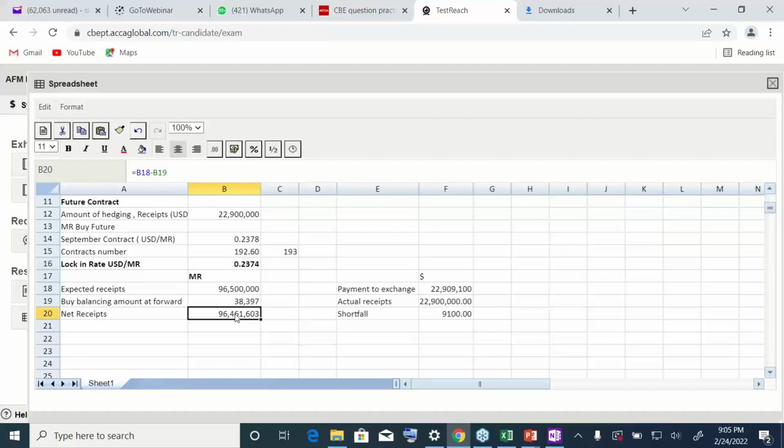If the question is silent, examiners usually round down the contracts because it is normally easy if you round down the contract. Examiners normally round down, but it's totally acceptable. You can round up, you can round down. It's not that material.